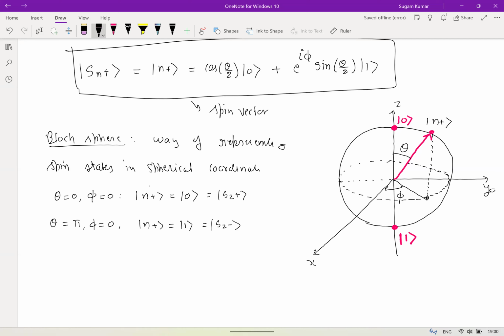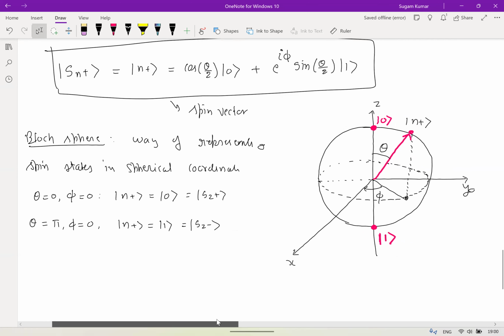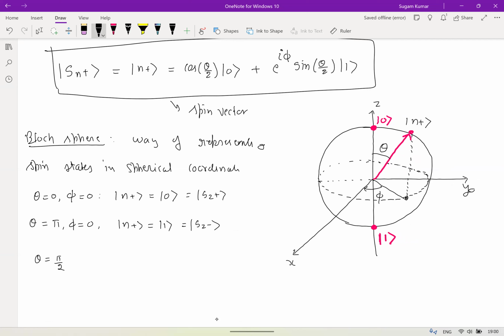And further, you can see in the same equation, let's see theta equal to pi by 2. So you are in the xy plane, and then phi is 0. Then you can see that this |n+> becomes what?